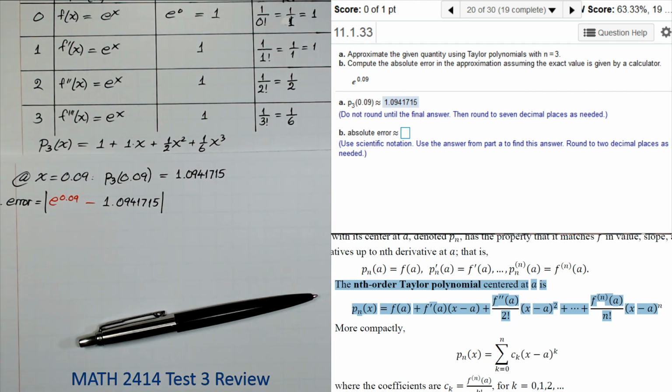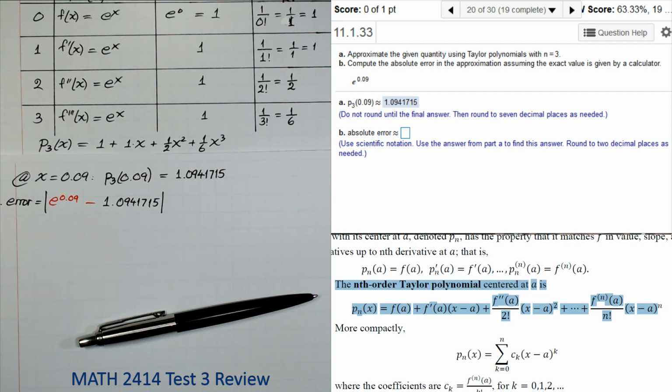So e to the 0.09, subtract, just go there, copy and paste. Of course not like that. And get down, subtract, right, like that. And we have to use scientific notation and round the answer to 2 decimal places as necessary.